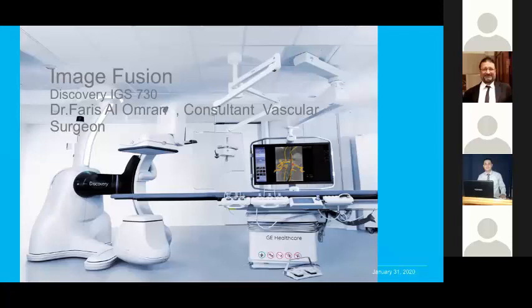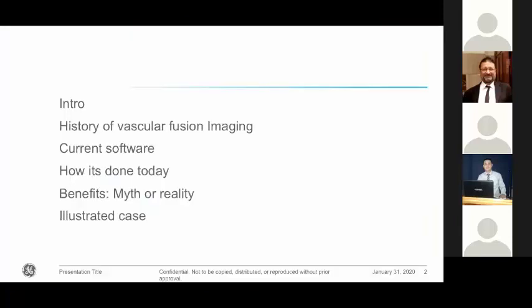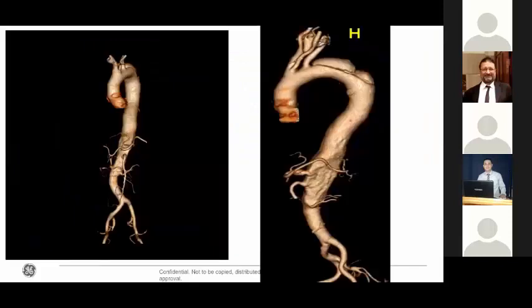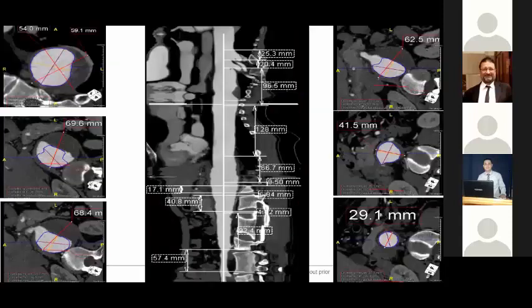Okay. So let me go to where the parts would be interesting. This was a case of a type 2 thoracoabdominal aneurysm, pre-operative images. And this is the type of imaging that we use when we're designing a graft for a fenestrated or a branched repair.